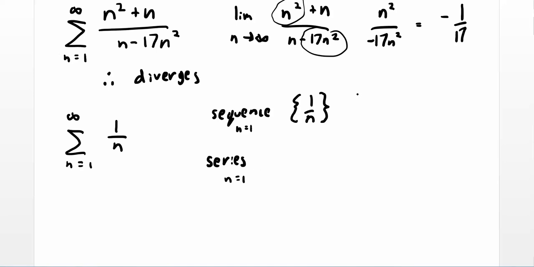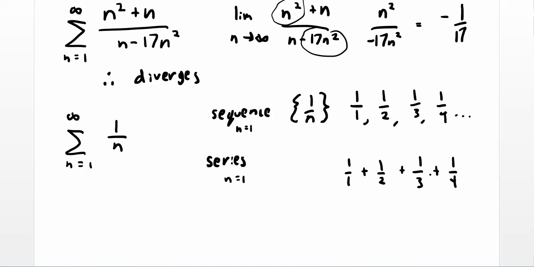It would be the sequence of numbers 1 over 1, 1 over 2, 1 over 3, 1 over 4, and so on. The series would be the sum of that sequence. Just adding up all those terms. So it's very easy to see as n gets super, super big, the sequence goes to 0. It is not easy to see what the series is doing as n gets very large because you're adding up numbers. So know the difference between a series and a sequence.